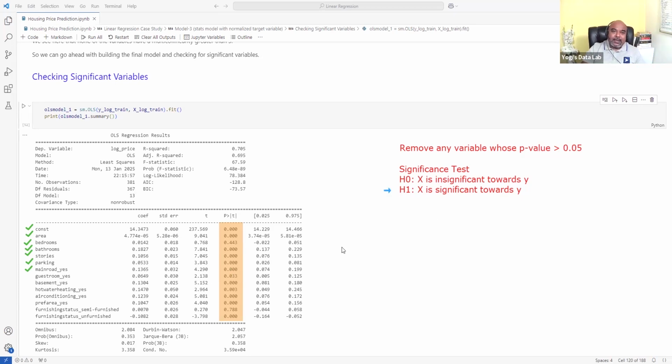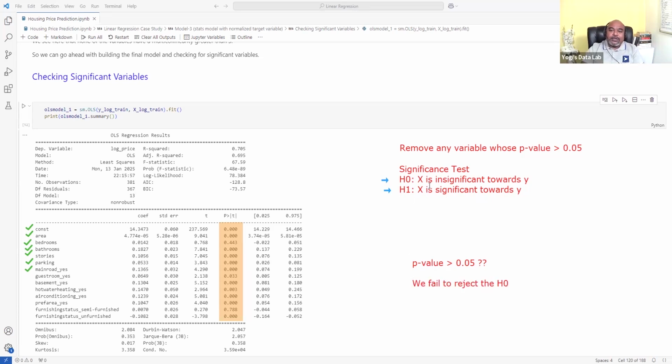So what I'm testing here is, let's say, is stories significant towards my target variable price? Since I'm checking that this variable is significant towards my target variable, my alternate hypothesis becomes X is significant towards Y. Null is the complement of the alternate, which means X is insignificant towards Y. If my p-value is greater than 0.05, we fail to reject the null hypothesis.